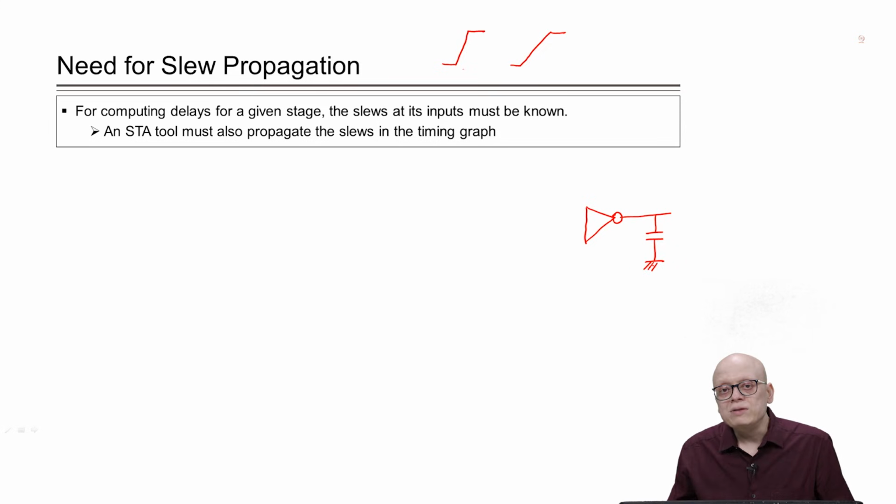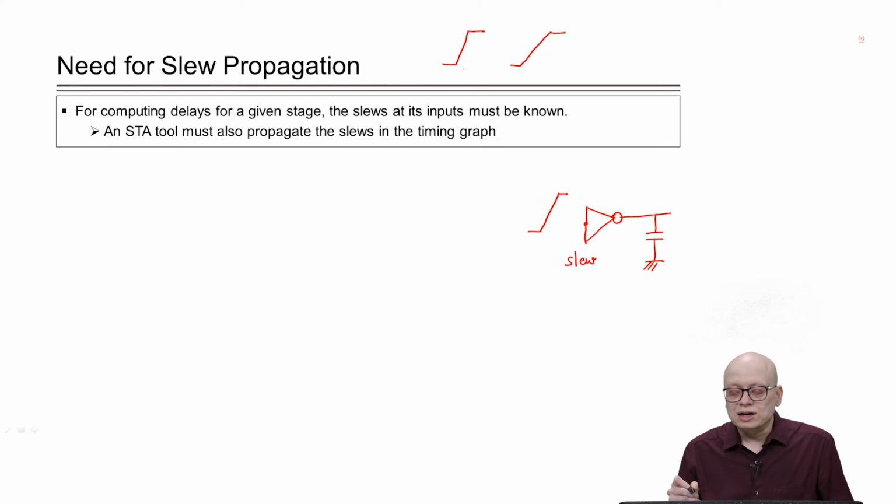To compute the delay of this inverter, we need to know the characteristics of the incoming signal, meaning whether it is rising fast, steeply or gently. So, we need to know the slew of the incoming signal. Based on that, the library information and other information of the interconnect, the delay calculator will compute the output slew of the stage.